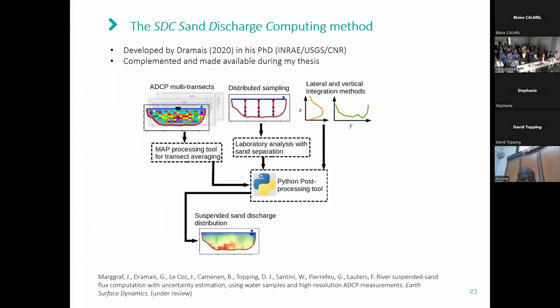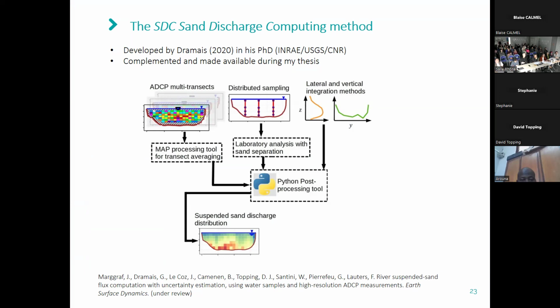Here I used the existing sand discharge computing method, SDC, which has been developed in our research group. It aims to determine the sand discharge distribution and sand concentration distribution in the entire cross-section, as well as the mean cross-sectional sand concentration.